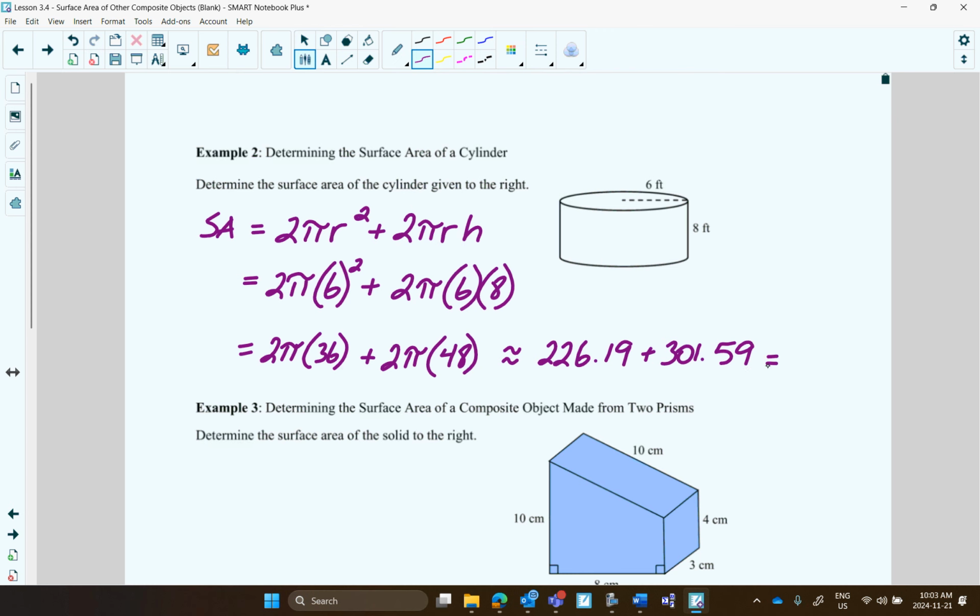And then I'm going to add those together to get the final answer: 301.59 plus 226.19 gives me 527.78. And this is feet squared.